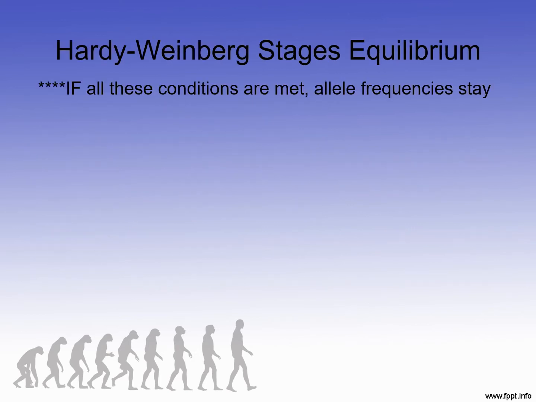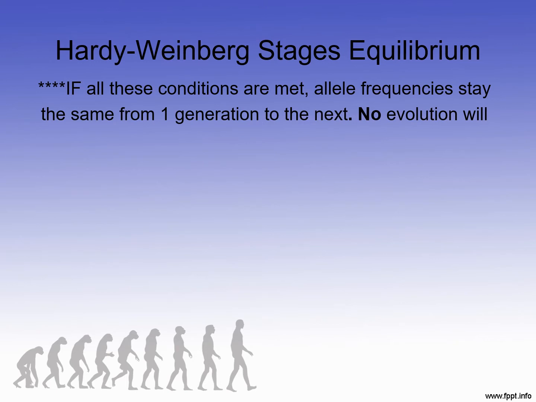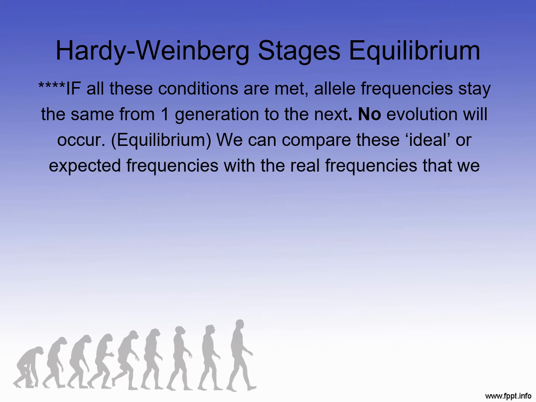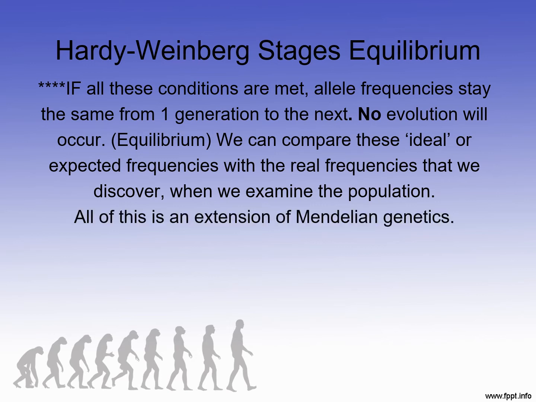So if all of these conditions are met, the allele frequencies will stay the same from one generation to the next, right? No evolution will occur, i.e. equilibrium, right? So we can compare these ideal or expected frequencies with the real frequencies that we discover when we examine the population, and this will let us know if evolution is happening.